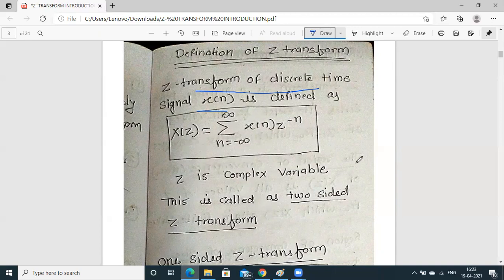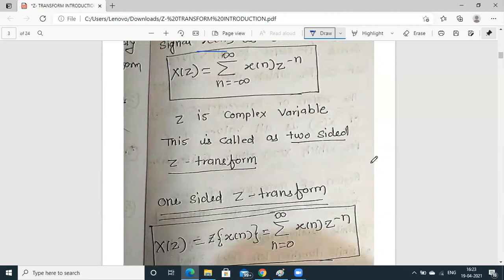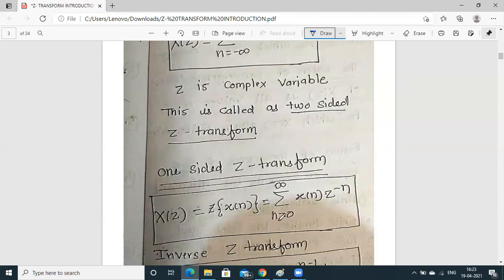And if you want to define it for a one-sided signal, we can write the formula for a causal signal: X of z is equal to summation of n equal to 0 to infinity x of n z to the power minus n. So this is the one-sided Z transform.